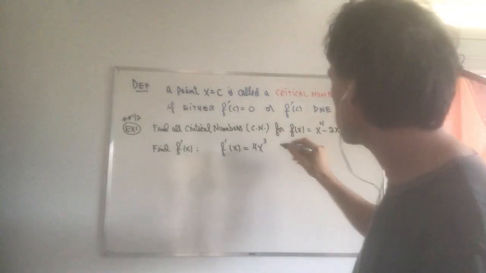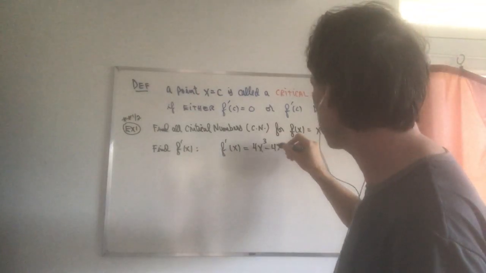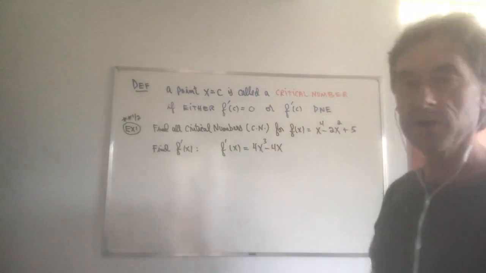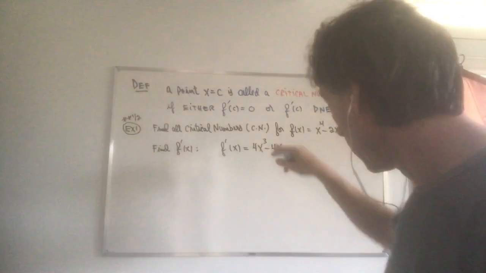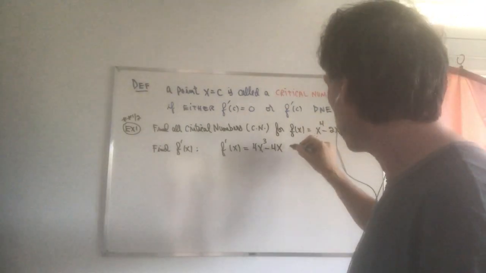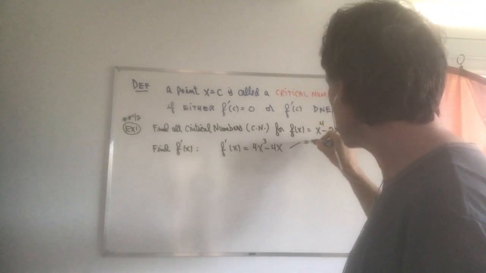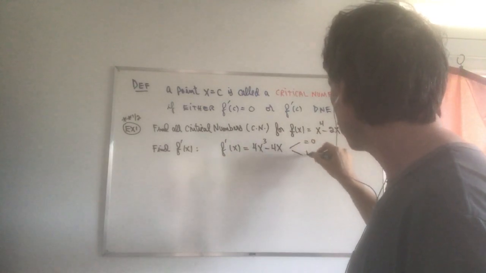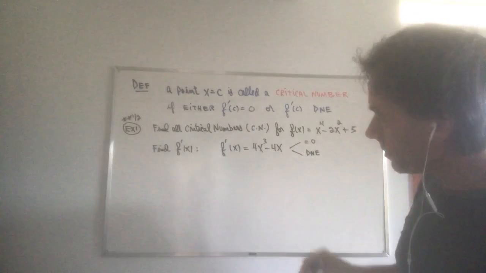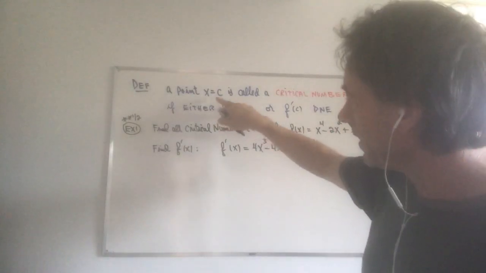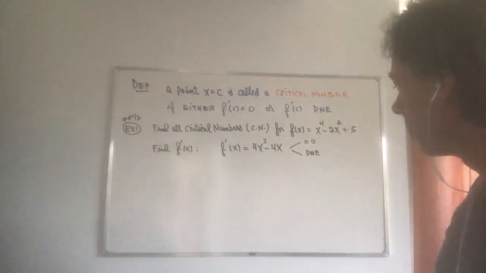Derivative of minus 2x squared is minus 4x. And the derivative of 5 is 0. I will want to know when this is equal to 0 or when this is DNE, the situations where I identify my critical numbers.